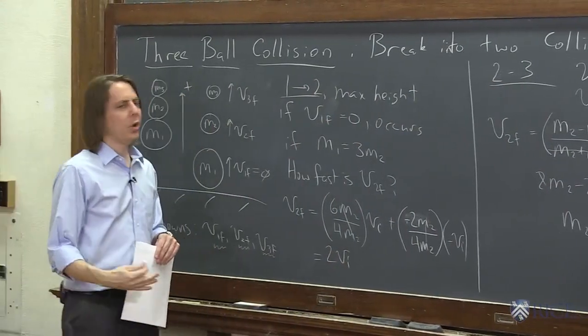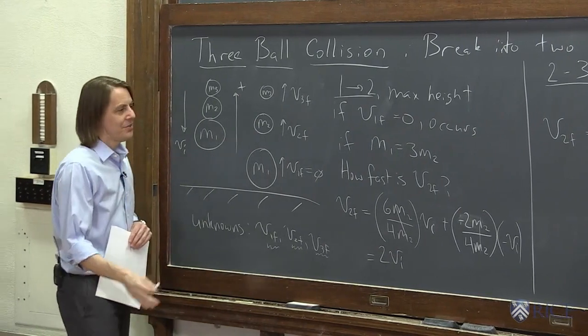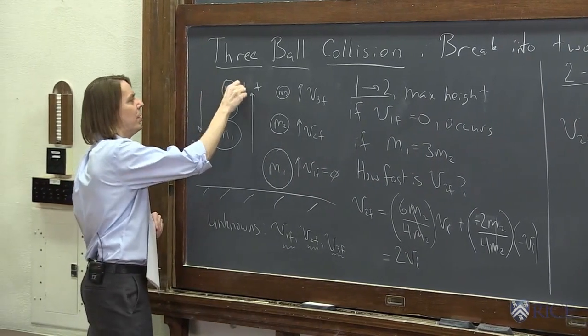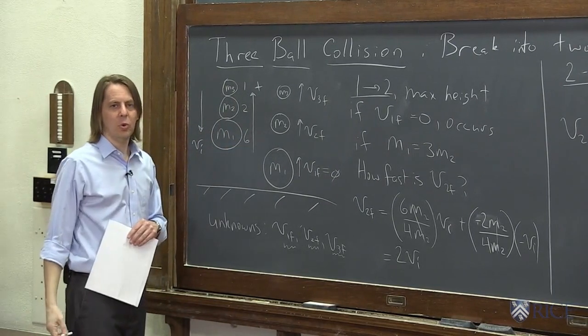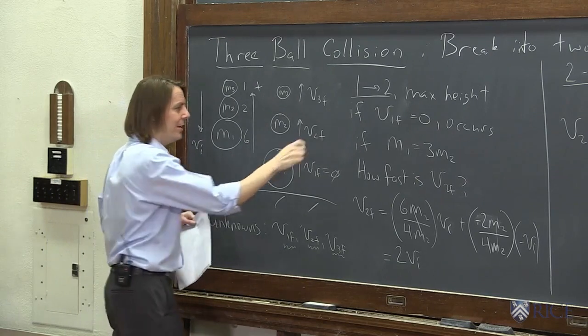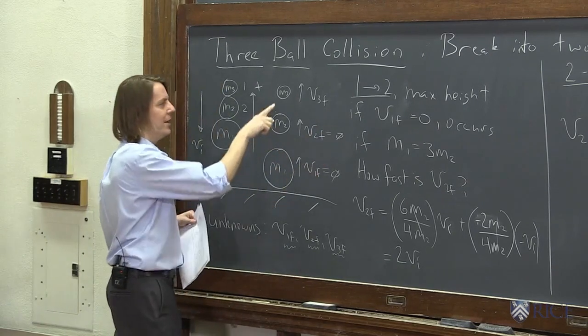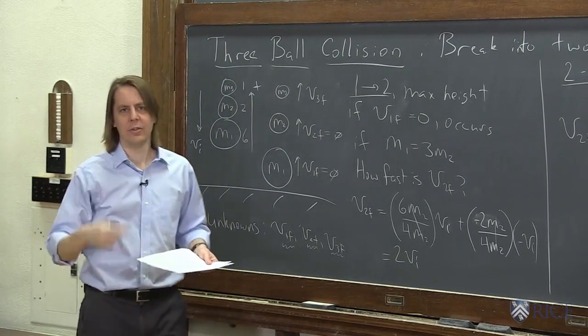So mass 2 has to be twice the mass of m3. So if this is a mass of 1, this has to be 2, and this has to be 6. You want 6, 2, 1. And if you have that, when you drop them, this one will stop, and this one will stop, and this one will go. And since this one gets all the kinetic energy, it'll go the highest.